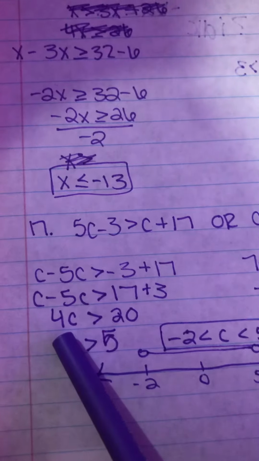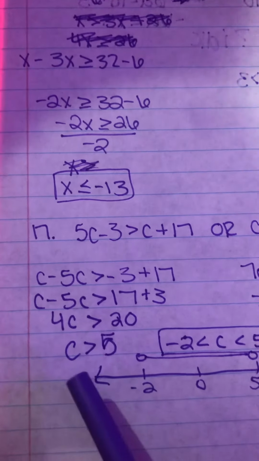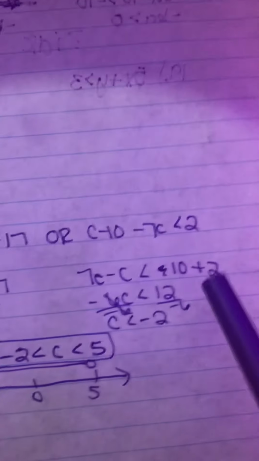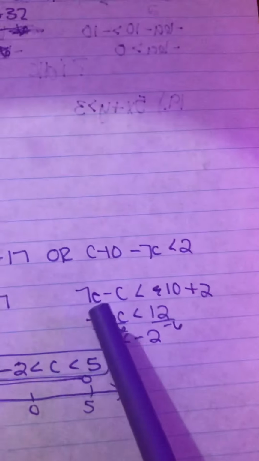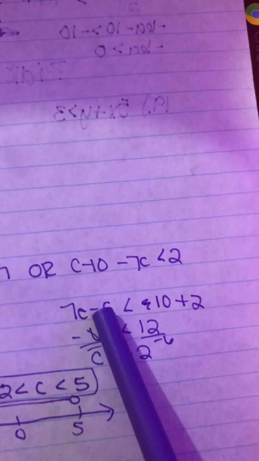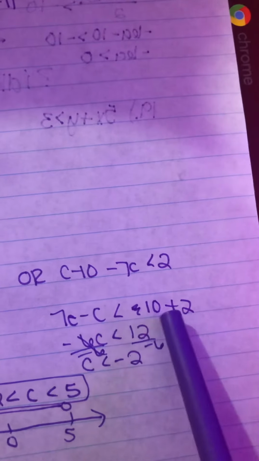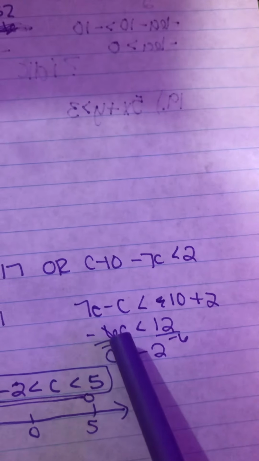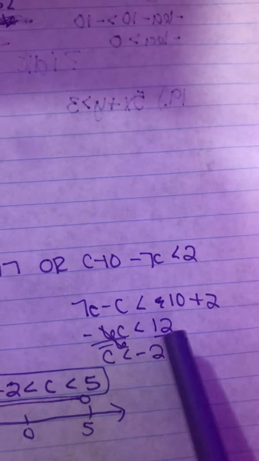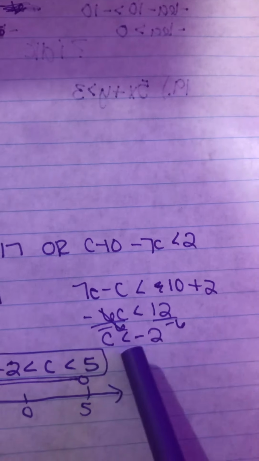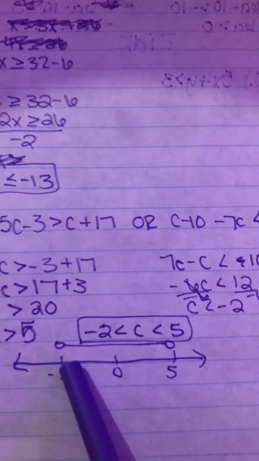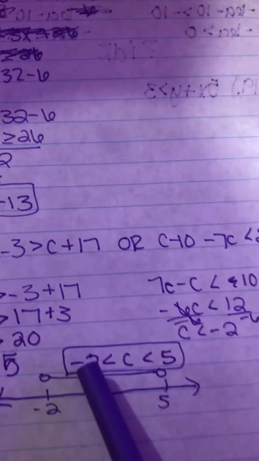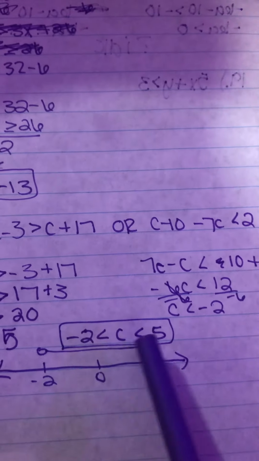And then for that I got 4c is greater than 20, so c is greater than 5. And then on this one I got 7c minus c is less than 10 plus 2. I got 6c is less than 12, so I divided both of these by 6, and I got 2. And so I graphed it, and it ended up being negative 2 is less than c is less than 5.